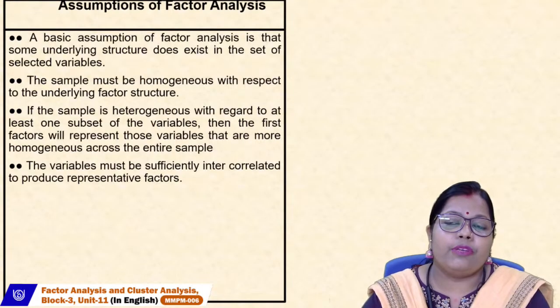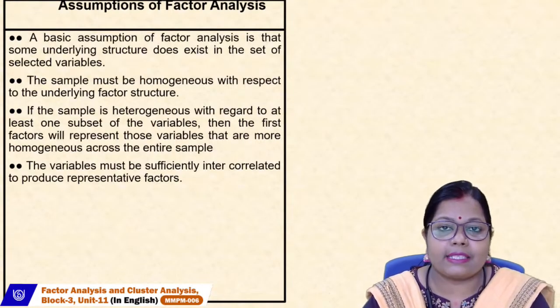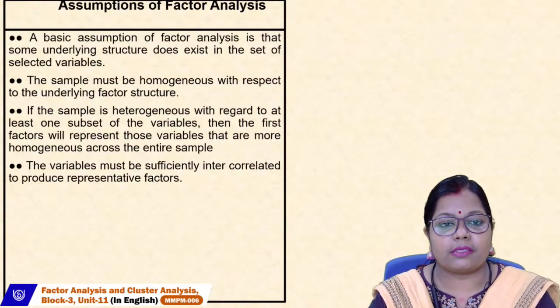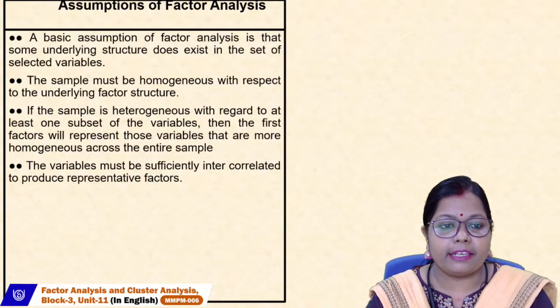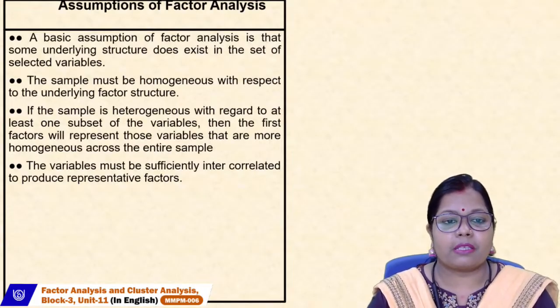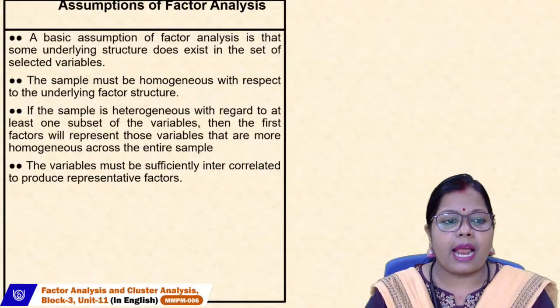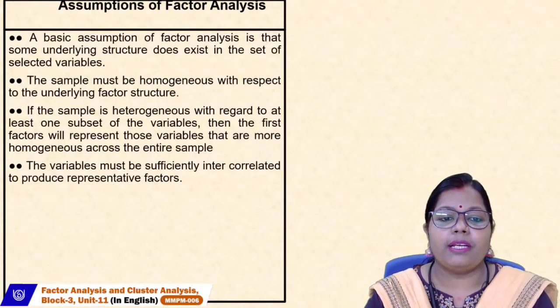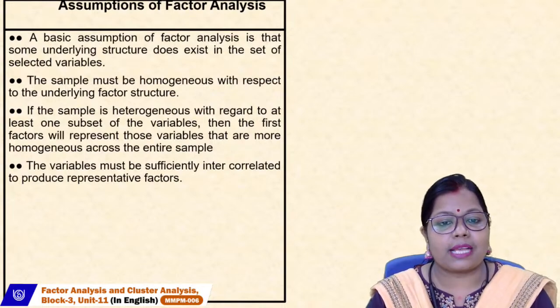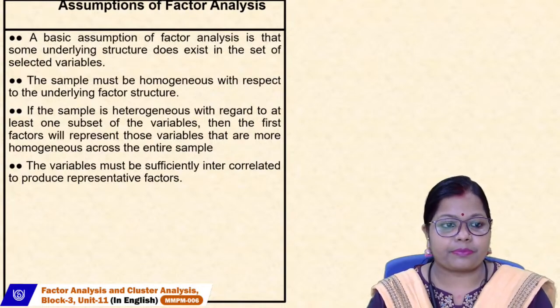As we said, the second assumption of factor analysis is that the sample must be homogeneous. Suppose we found some kind of heterogeneity, then what will we do? We will frame a subset of the homogeneous variables, and those homogeneous variables will represent the variables that are more homogeneous across the entire sample.